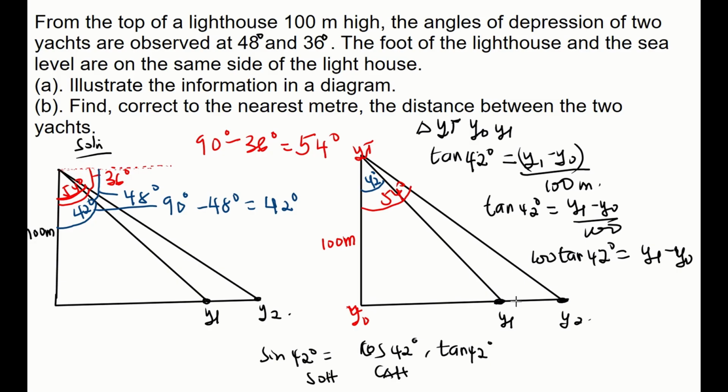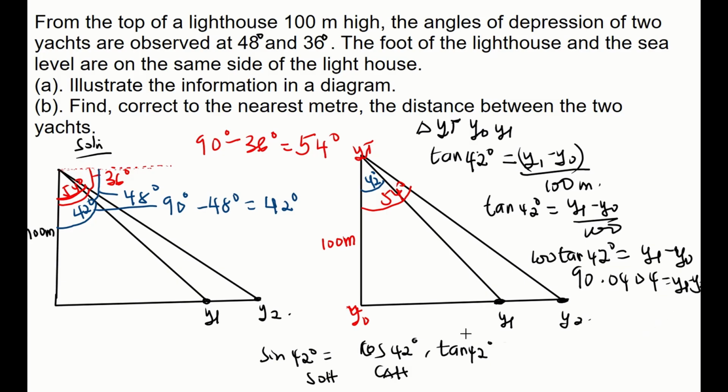Finding this, we have 100 times tan 42, which gives us 90.0404. Let's leave it that way. This is equal to our change, y1 minus y naught.